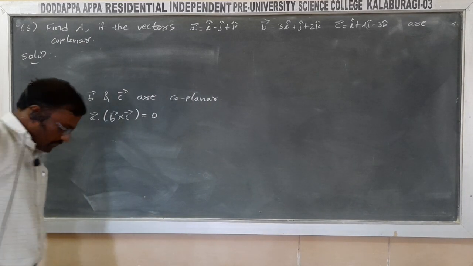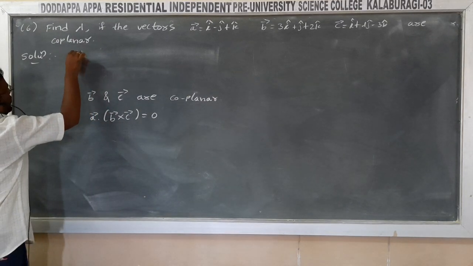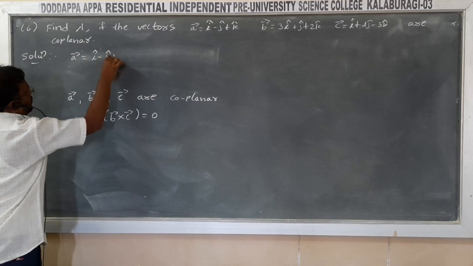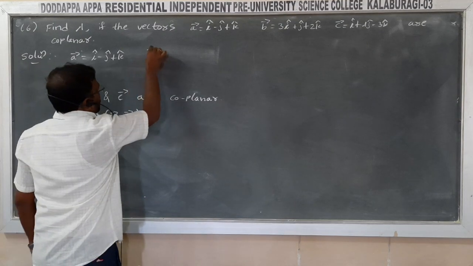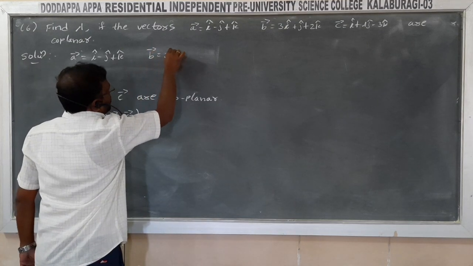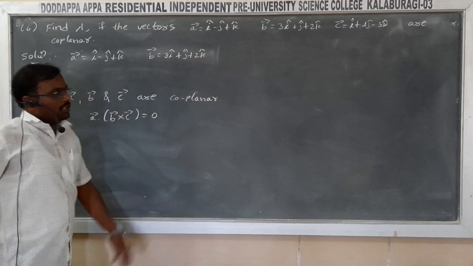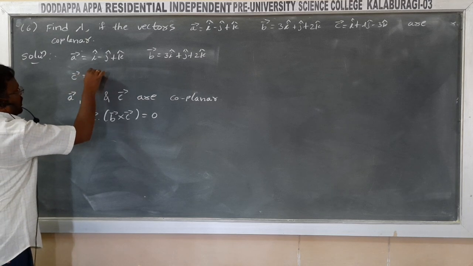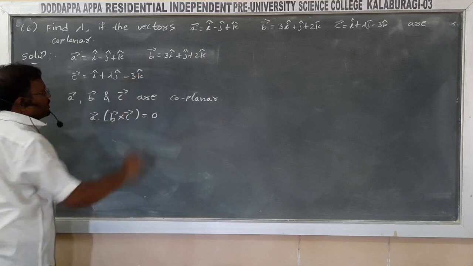Okay. So as usual method, first you have to write vector A value. Vector A is equal to i minus j plus k. Vector B value is 3i plus j plus 2k. And vector C value is i plus lambda j minus 3k.